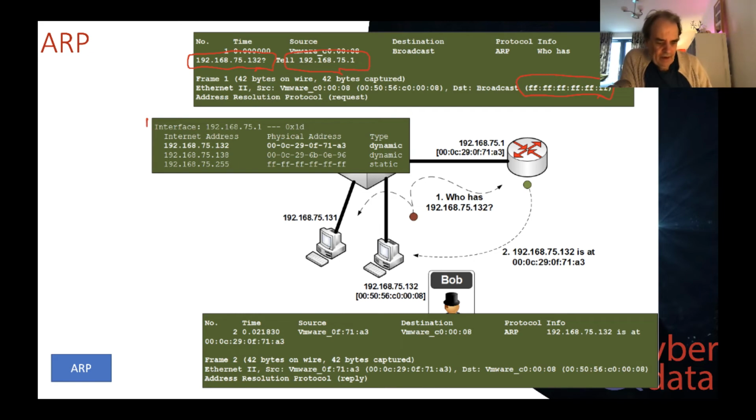In the ARP table itself, we can see that there are some dynamic entries and some static entries, but once we get the MAC address of that machine, it will map itself into the ARP table with the MAC address. The reply comes back from the machine at that address. We'll have a look at an example of this.